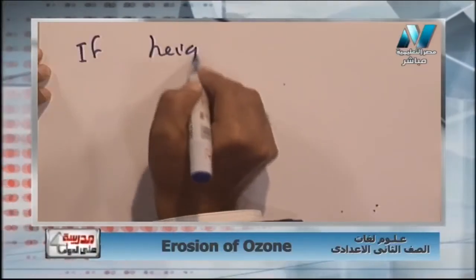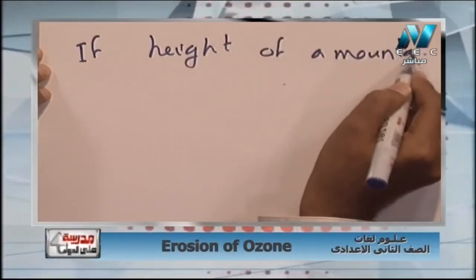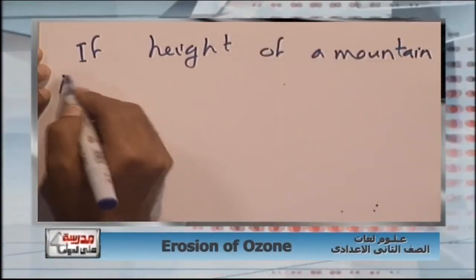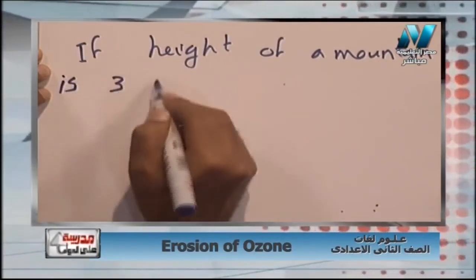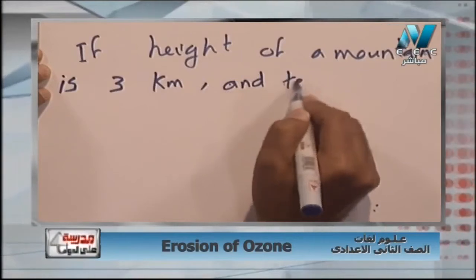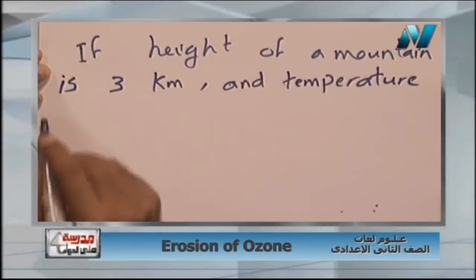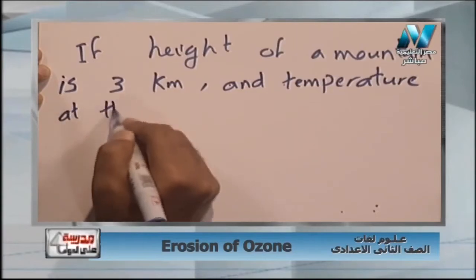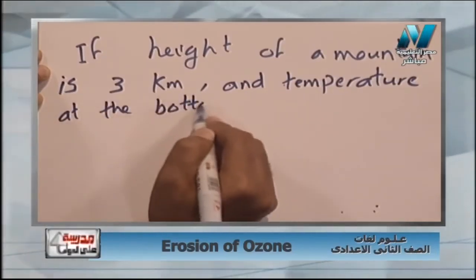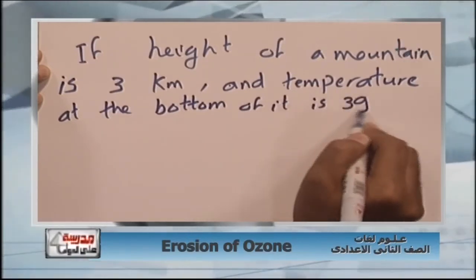Example, if the height of a mountain is 3 kilometers and the temperature at the bottom of it is 39 degrees.